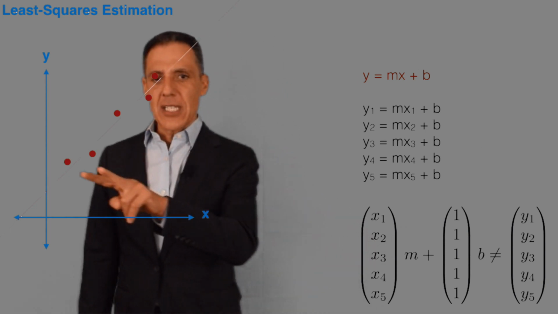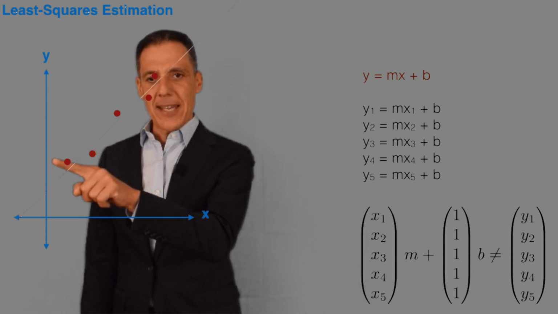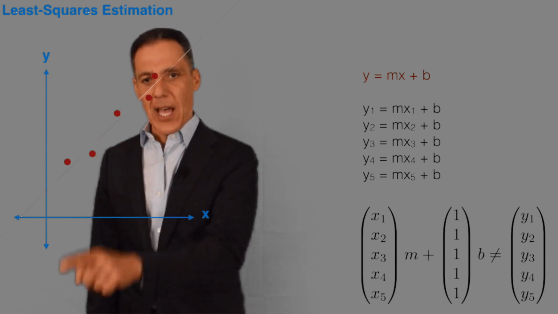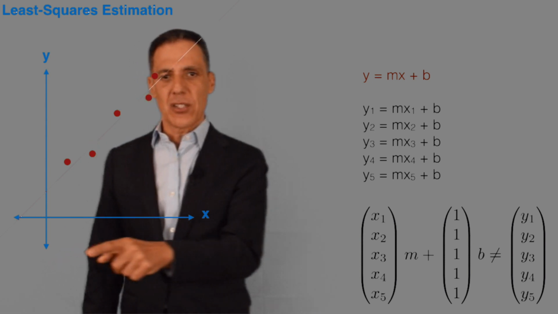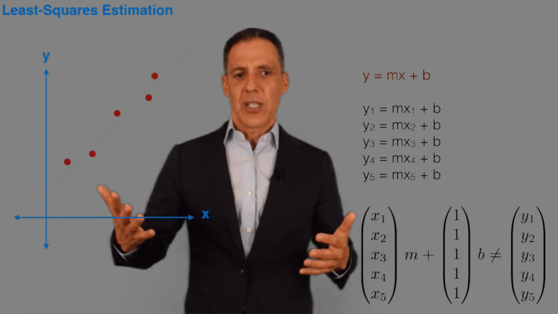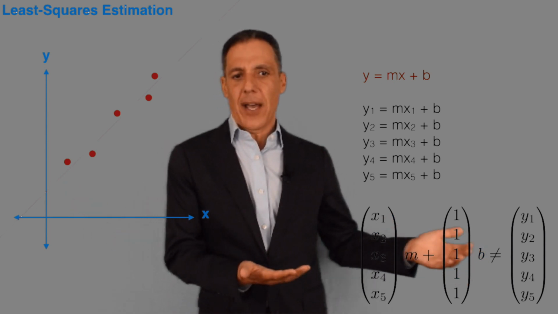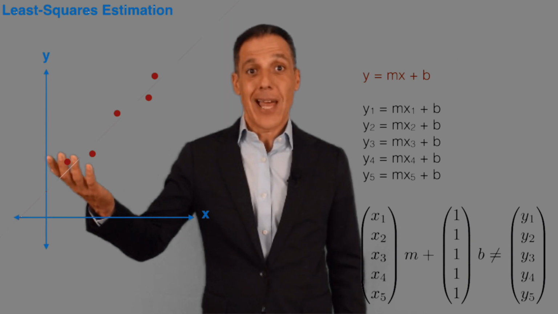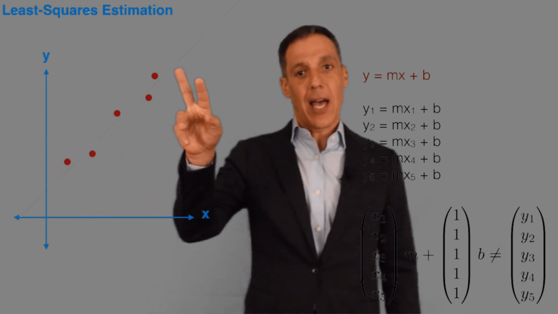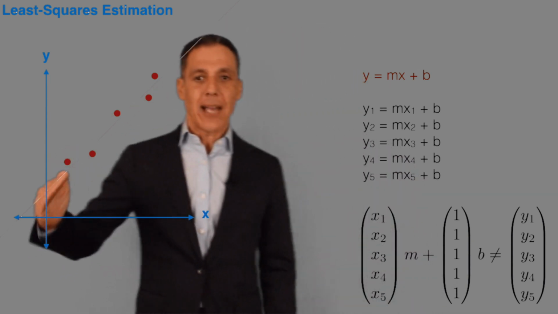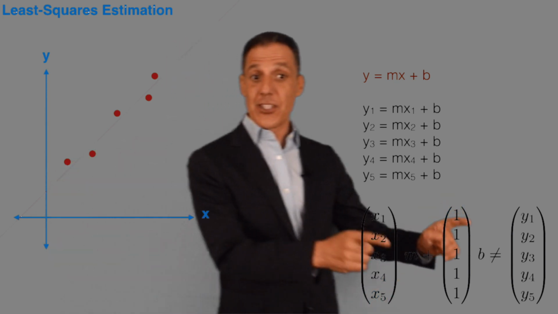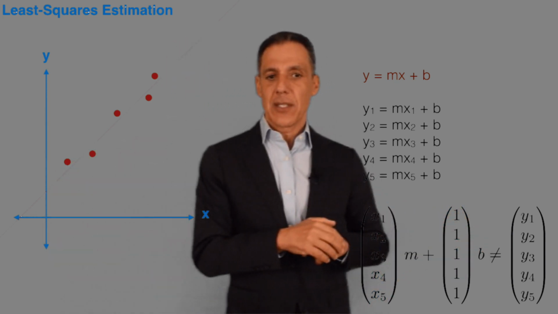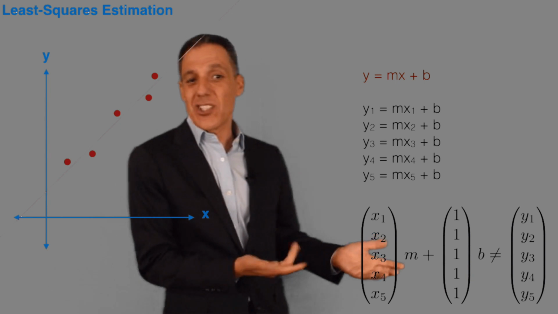Well, because these 2 points lie on a line with that intercept, but these 2 lie on a line with an intercept down here. And so pick any points here, and they don't all satisfy y equals mx plus b. How do I know that? They don't all lie on a line. Now, every 2 lies on a line, but the 5 do not lie on a single line with a single slope and intercept. And so this equation just doesn't get solved.